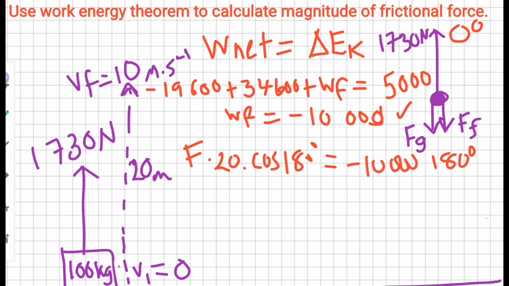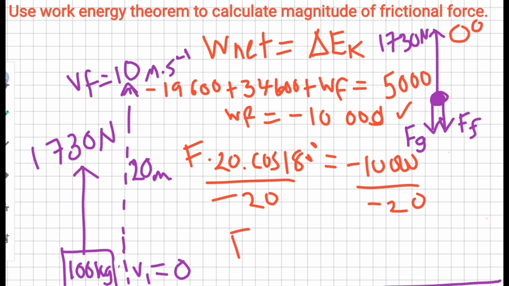So we divide both sides by 20 cos 180. 20 cos 180 is the same as negative 20. So just divide both sides by negative 20. F, the frictional force, is now equal to 500 newtons. So we've looked at work done on a horizontal surface, inclined plane, and a vertical plane.